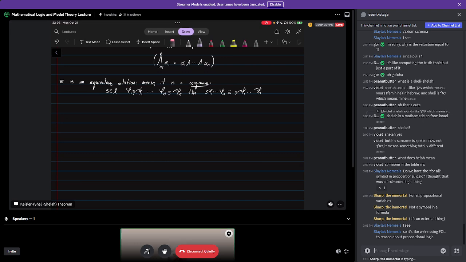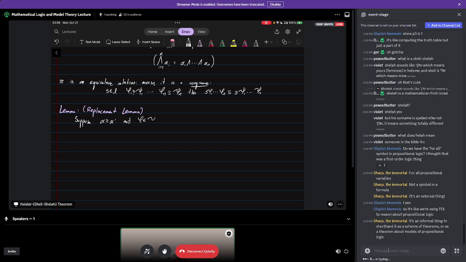Okay, and we have this lemma called the replacement lemma. It says suppose alpha is equivalent to alpha prime, and phi is a formula.